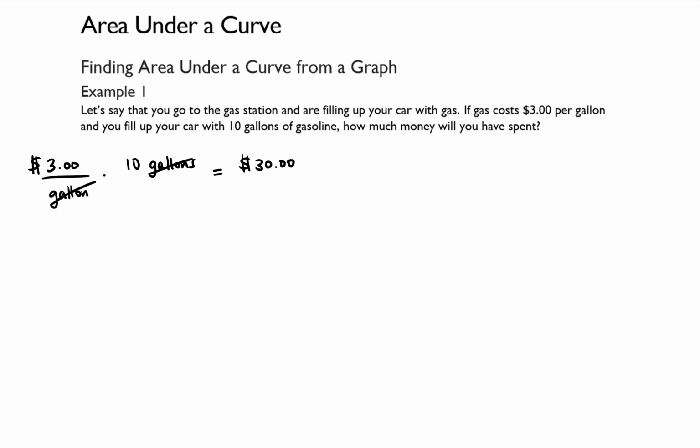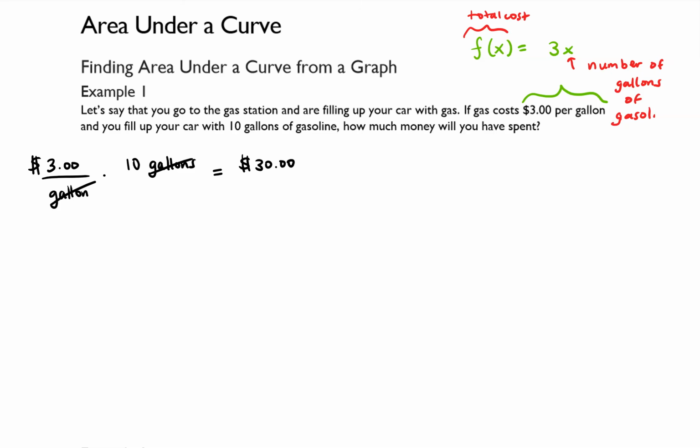Now, another way of thinking about this is we can create a function that will generate the cost for us, or the cost function. And so I'm going to call it f of x is equal to 3x, where f of x represents total cost, and x, our input, will be number of gallons of gasoline.